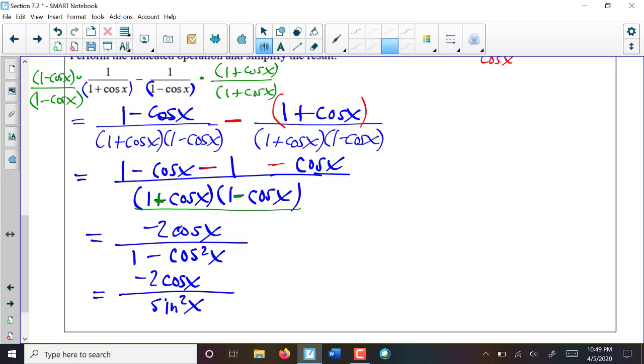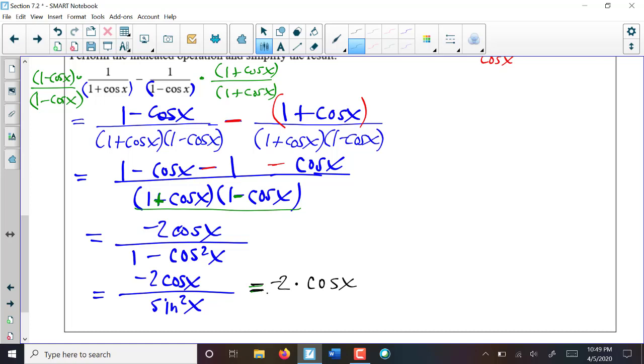Okay, now here's something that's a cool little trick. So if you got to there, yay, pat yourself on the back. Here's where we can rewrite this. And you don't have to do this, but I think sometimes seeing it will give you this idea that this is doable. Okay, so I can rewrite it in more factored form. So I have negative 2 times cosine on the top.